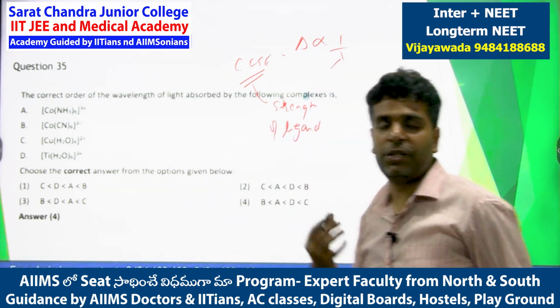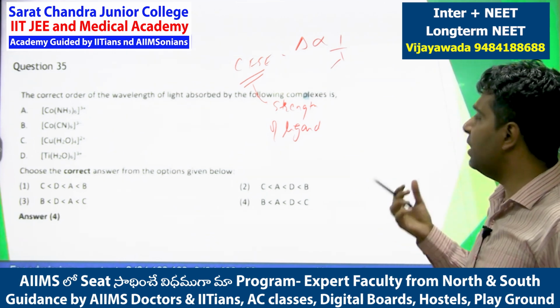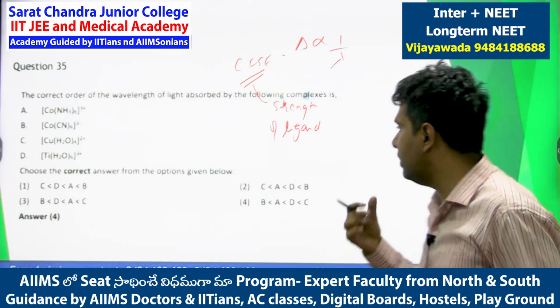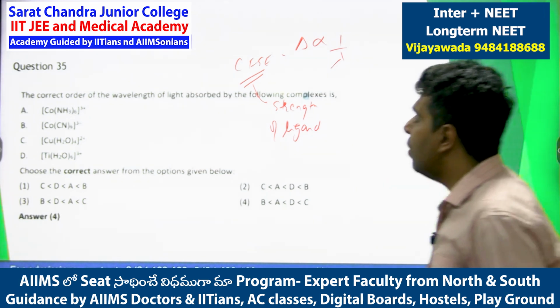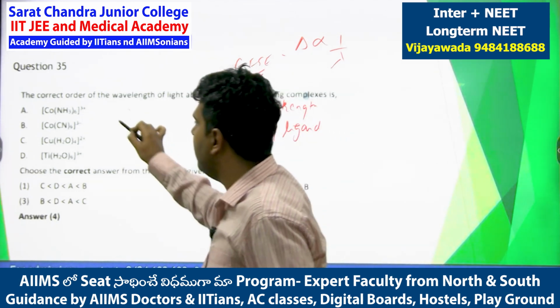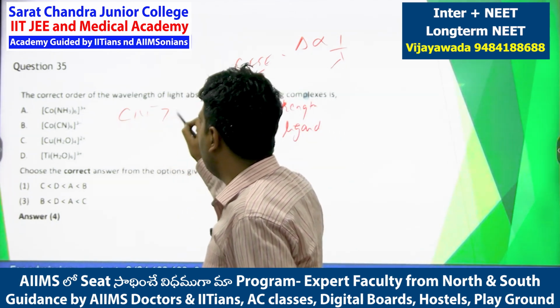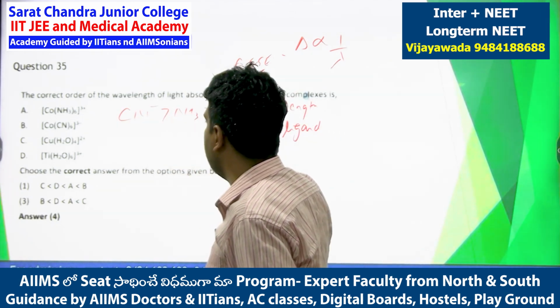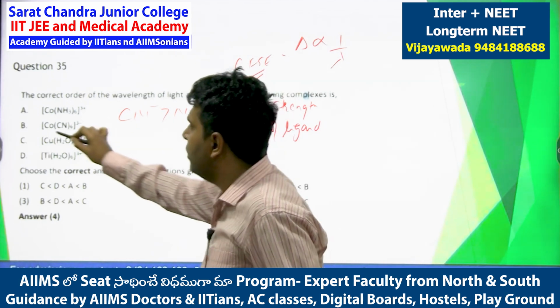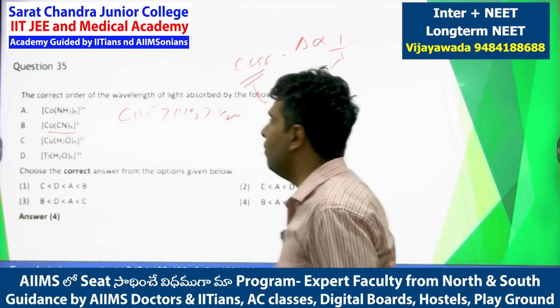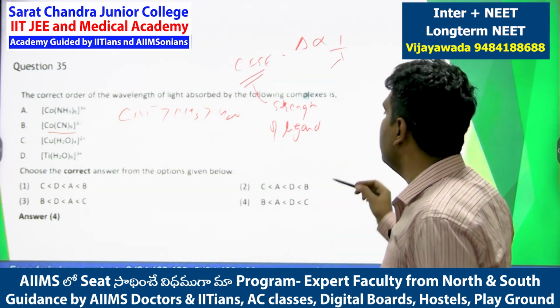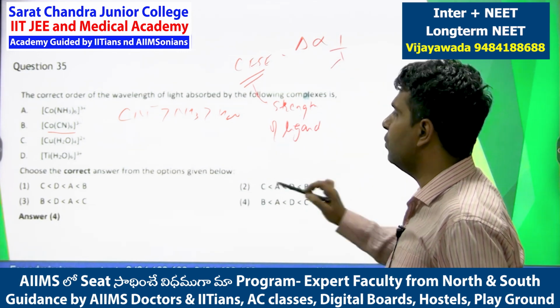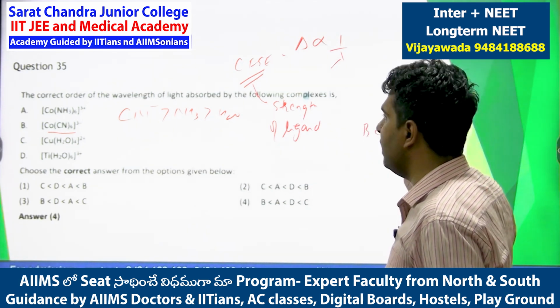The stronger the ligand, the more its crystal field splitting energy. The more the crystal field splitting energy, the lesser the wavelength. According to strength, cyanide is a stronger ligand than ammonia, which is stronger than H2O. So this complex will have more crystal field splitting energy, so the wavelength will be less. So the wavelength of B will be less than A.